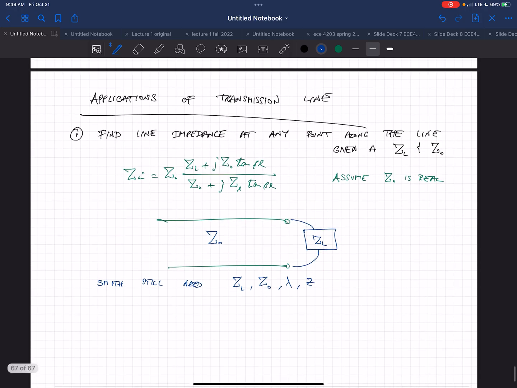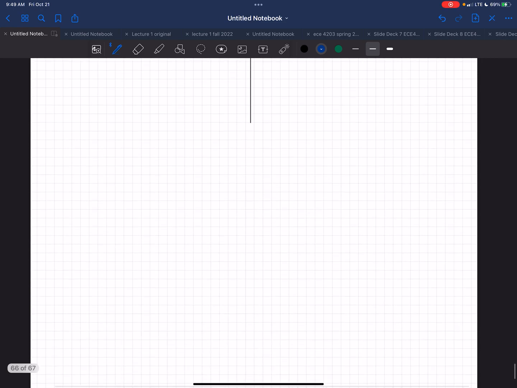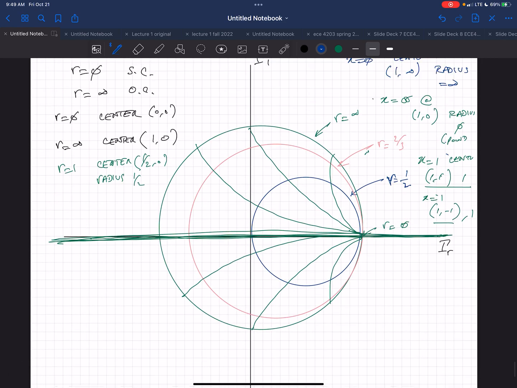So let's say we're trying to solve this problem. Let me copy over this transmission line.